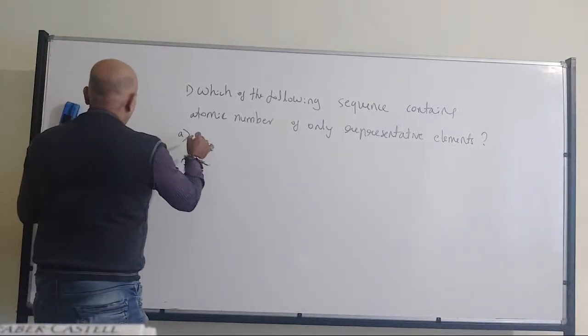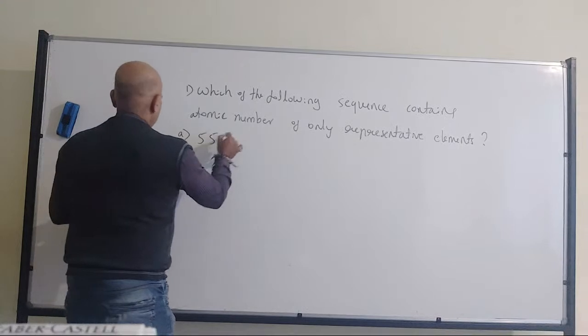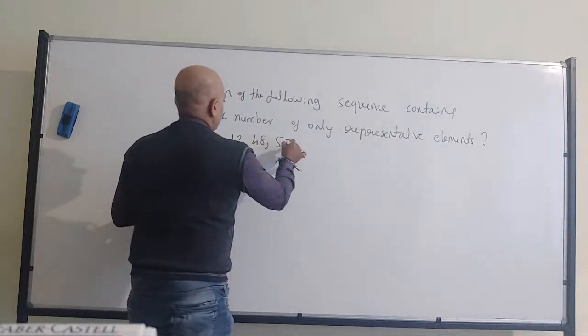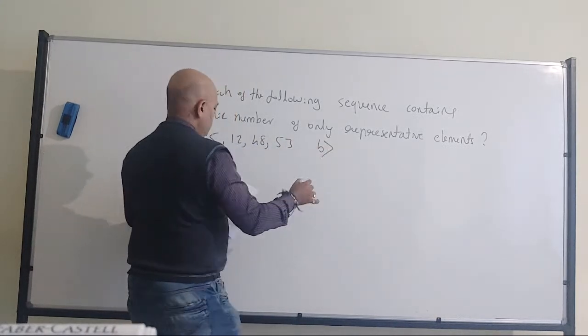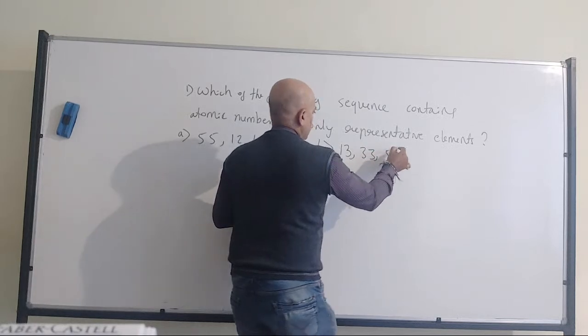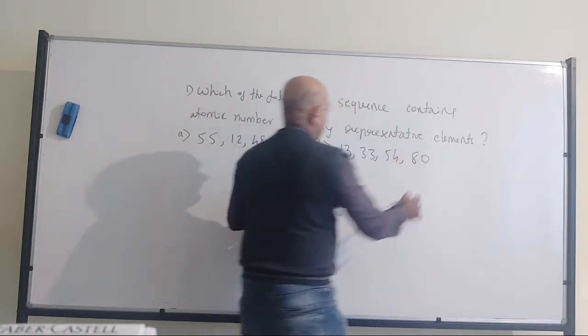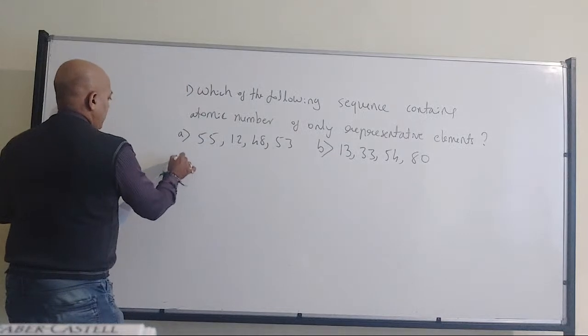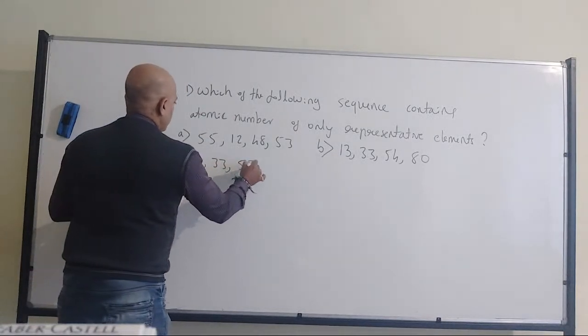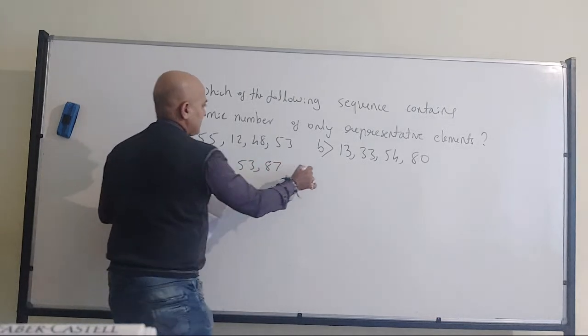Now for the options. Option A: 55, 12, 48, 53. Option B: 13, 33, 54, 80. Option C: 3, 33, 53, 87.